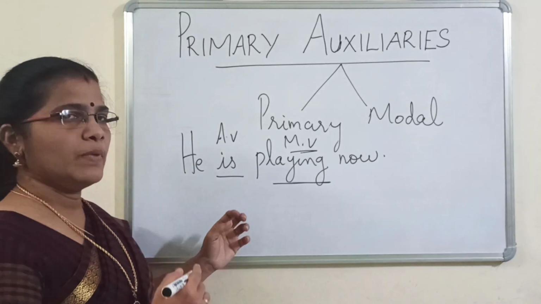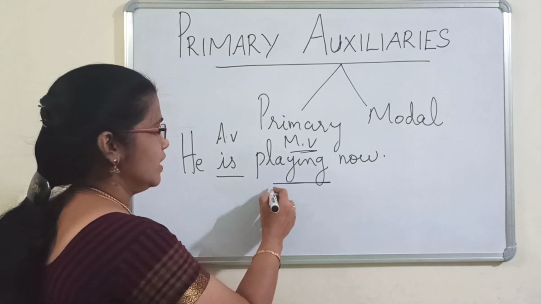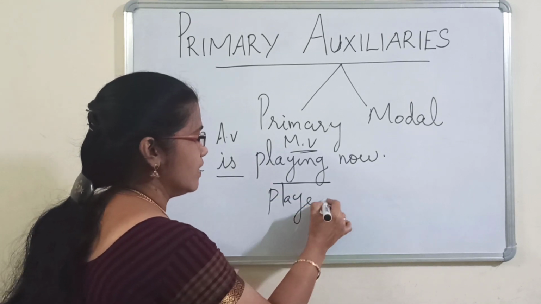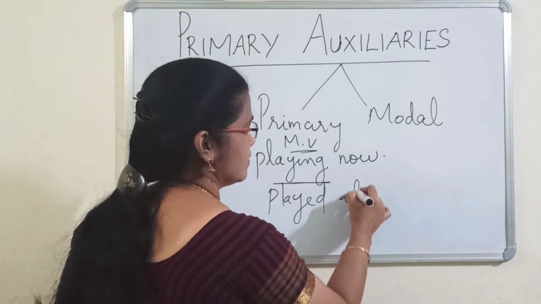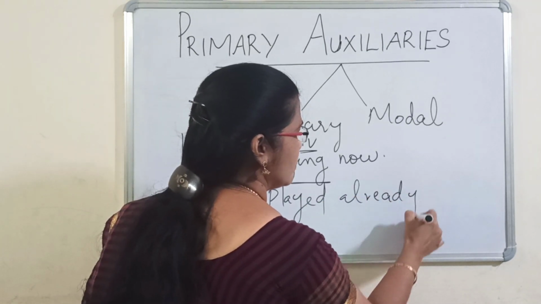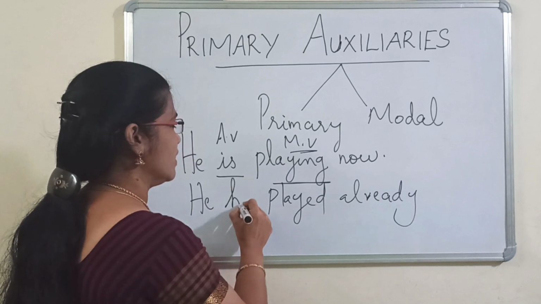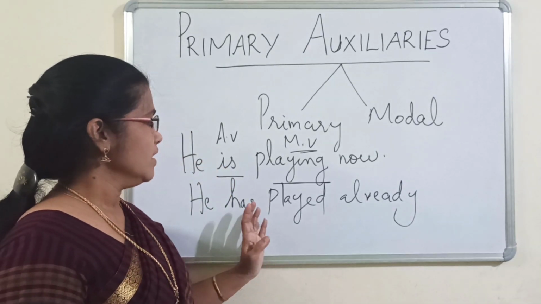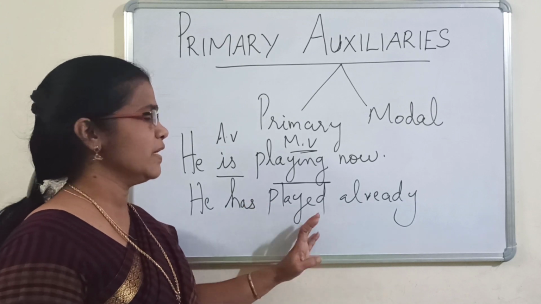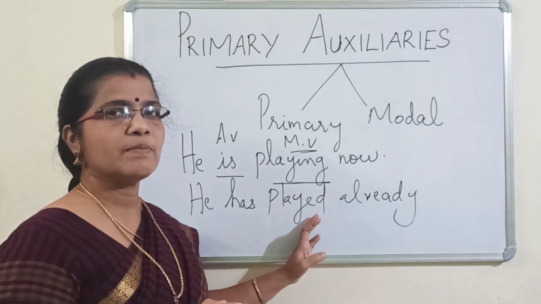Same way, let me change it now. I want to write the sentence using present perfect tense. He has played already. Here, if I just use he played already, you mean only simple past tense.